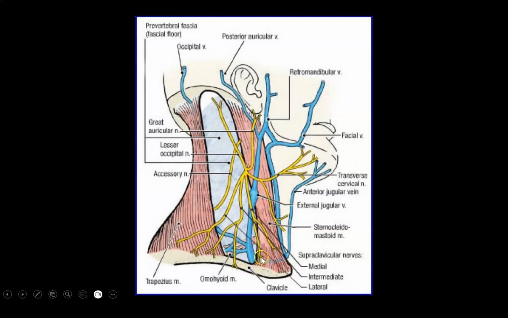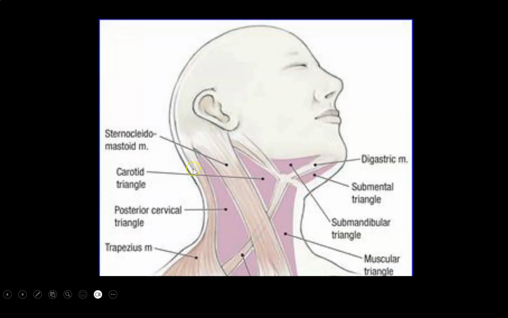In this part we expose the brachial plexus, as you will see. These are the triangles, and we are concerned with the supraclavicular or subclavian triangle, part of the posterior triangle of the neck.